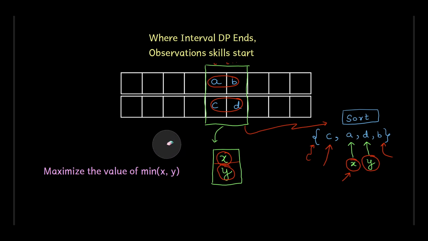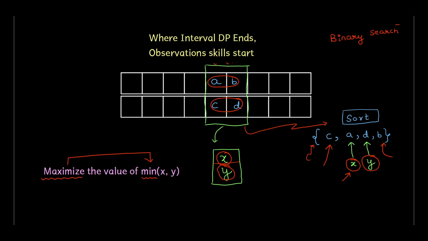Now, one thing that you can observe is that you are asked to maximize the minimum element of a certain quantity. Usually in these kinds of problems, one thing that works is binary searching on the answer, which doesn't always work, but this is something that you could explore.